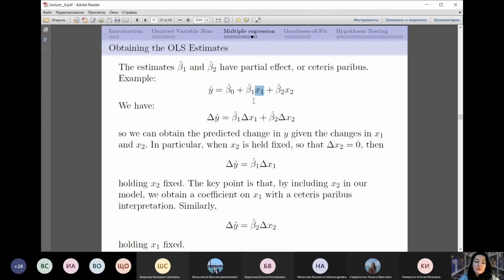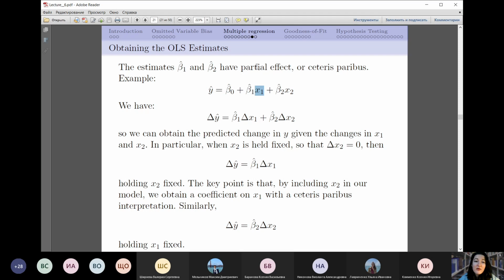This is the same. So we can say that when we hold other factors fixed, we control for these factors. So when we fix x2 and interpret the effect of x1 on our dependent variable, it means that you interpret the effect of x1 on your dependent variable, but you control for other variables too, okay?